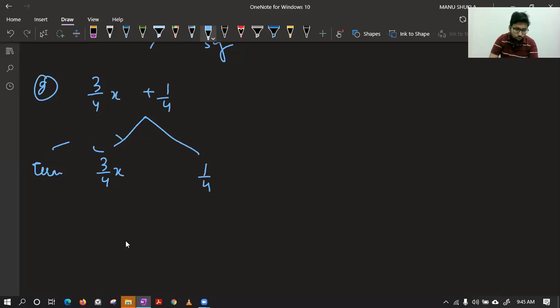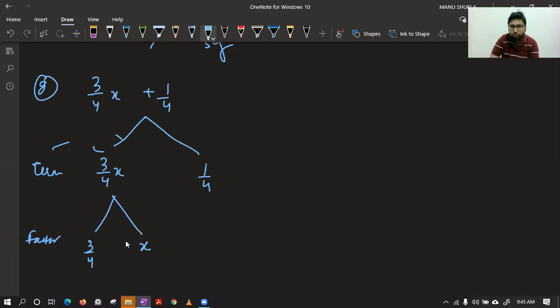Now we'll write the factors. Class, tell me what are the factors? 3 by 4 and x. They are the smallest factors. You can make many combinations from them. Sir, if you're writing minus 2, yes, beta. Kritika, it is correct.